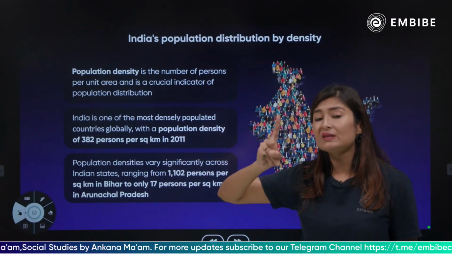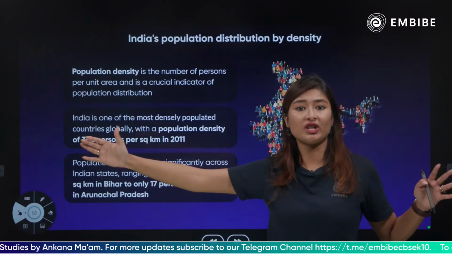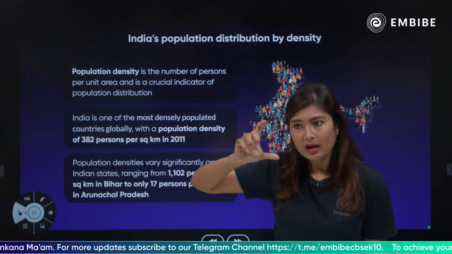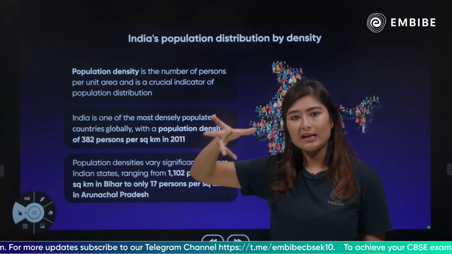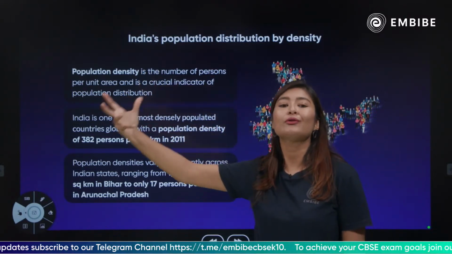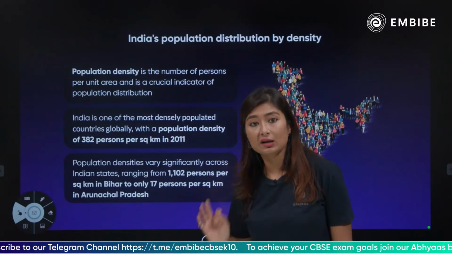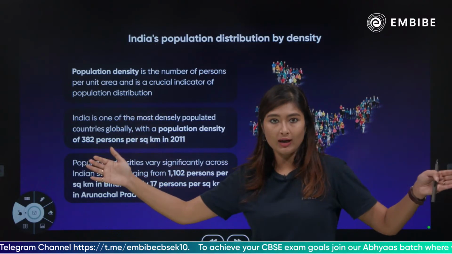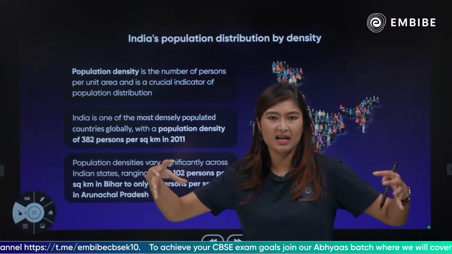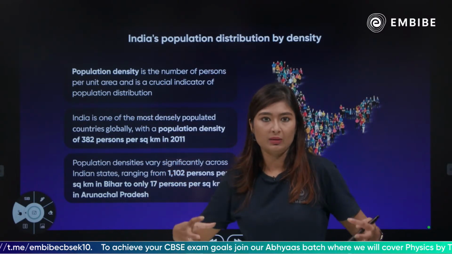UP, which is the largest populated state, is also very huge in area. So, the population density is not above 750 per square kilometer, which is a good thing, which means in a small area, not a lot of people are staying in a very congested, populated manner.